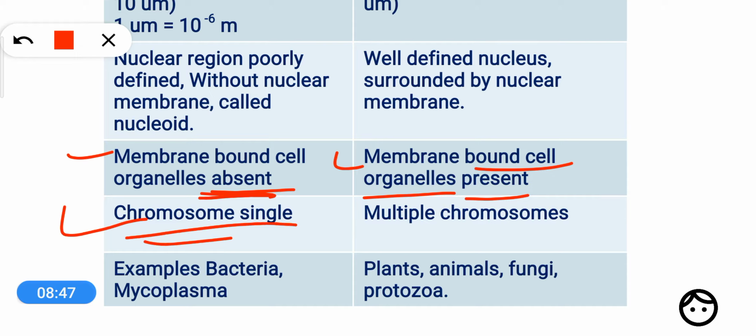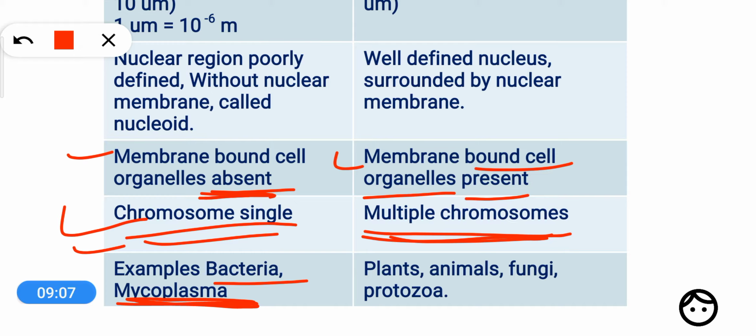You know that nucleoid is actually a very long circular chromosome, right? But in eukaryotic cells, there are many linear chromosomes. Next, the examples of prokaryotic cells are bacteria. Mycoplasma is just a type of bacteria. And plant, animal, fungi, and protozoa cells are eukaryotic cells.